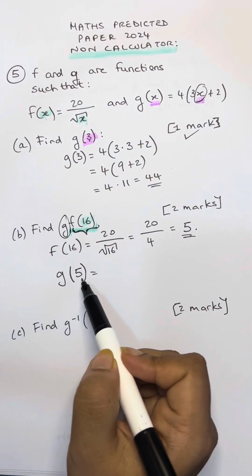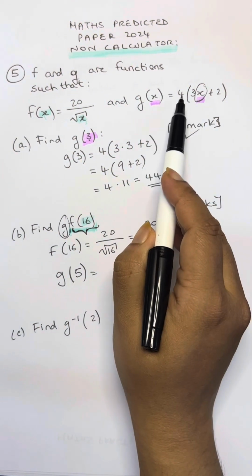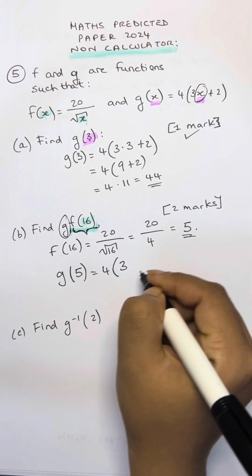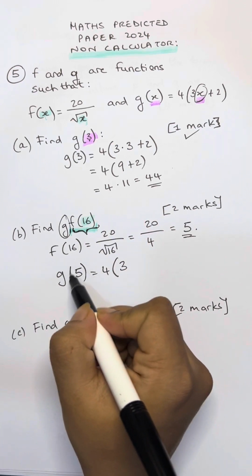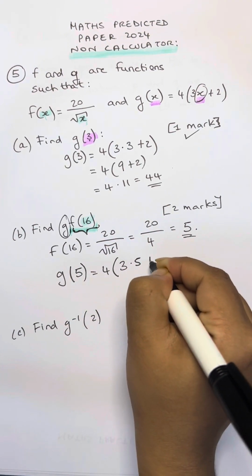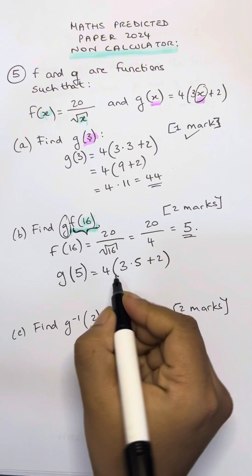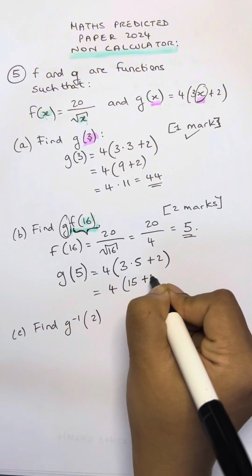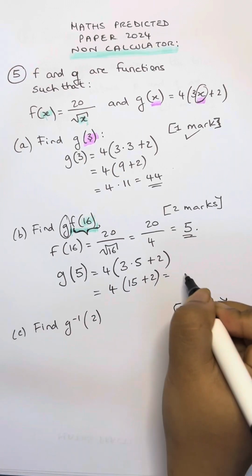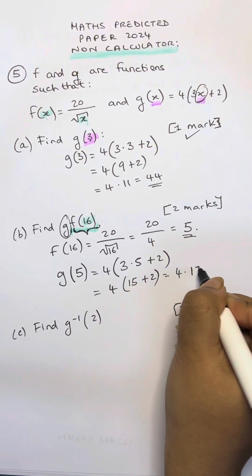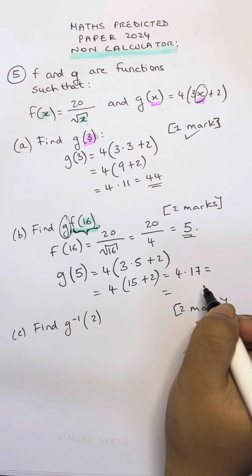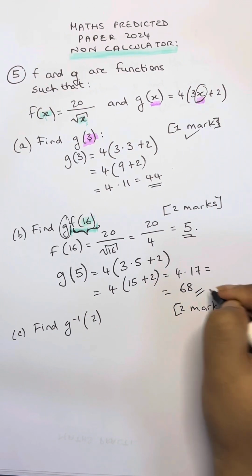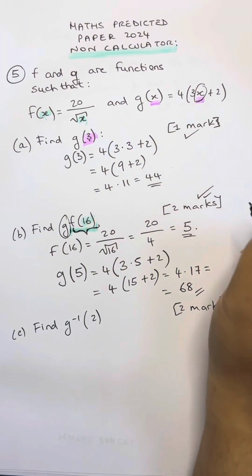So g of 5 is going to be 4 times, open a bracket, 3 times 5, plus 2. So 3 times 5, that's 15. So 4, open a bracket, 15 plus 2. That's 4 times 17, which equals 68. And that's my final answer. You're going to get 2 marks for this.